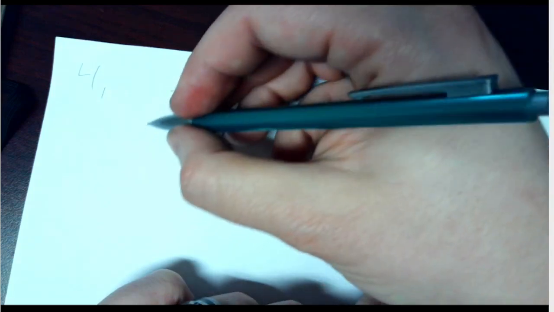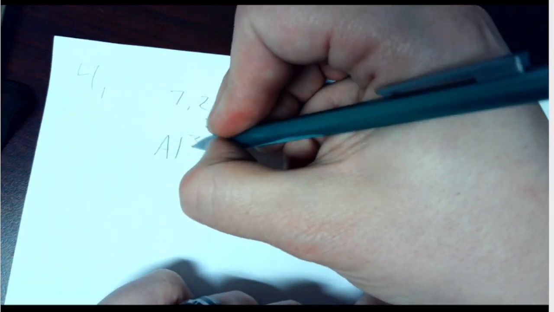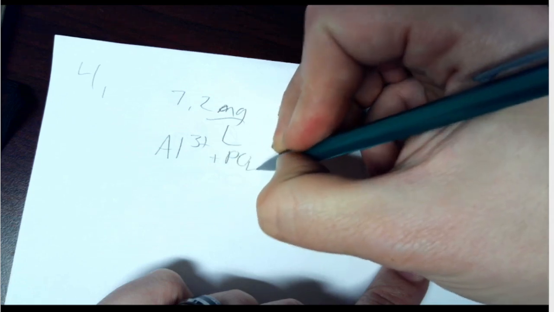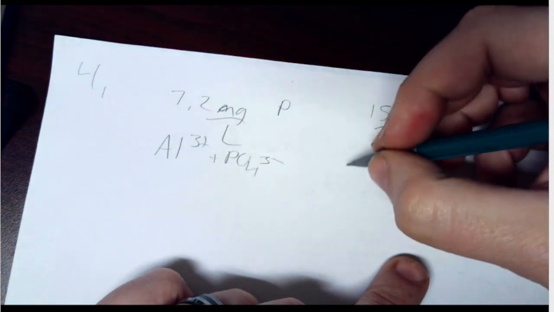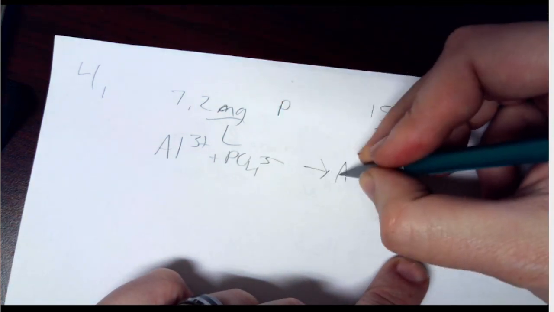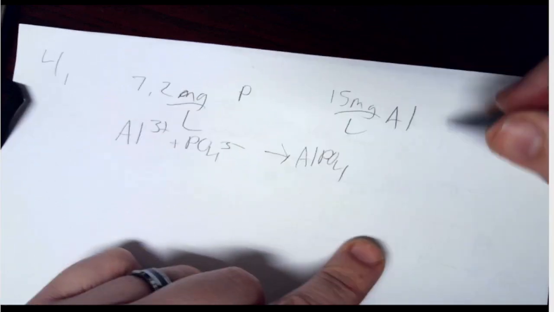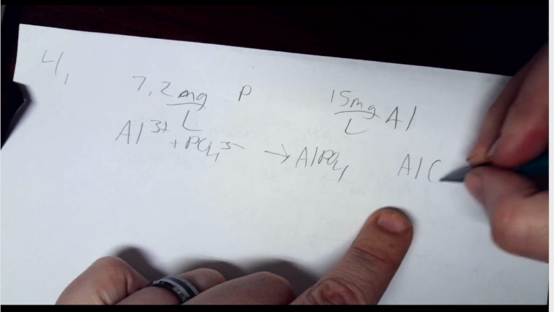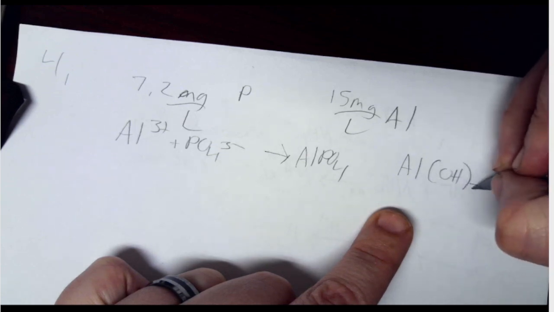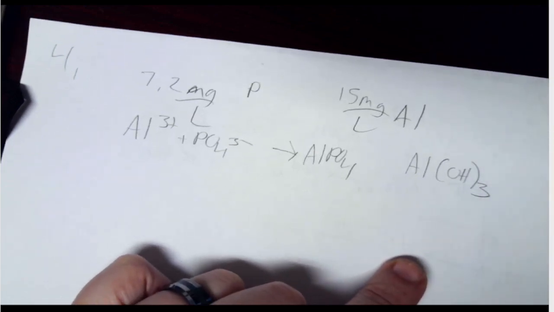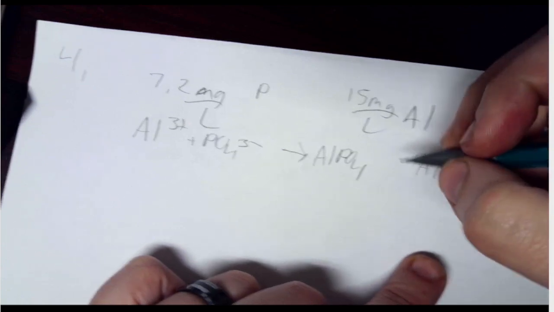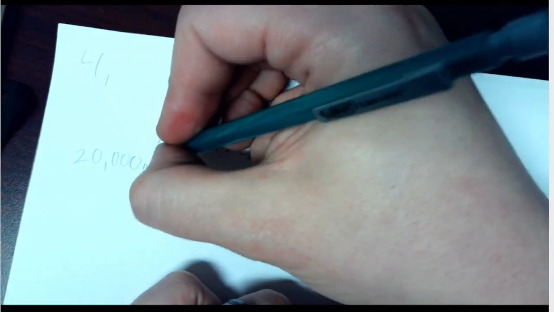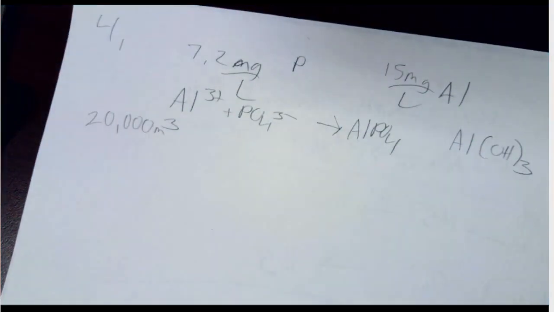Assume the phosphorus is precipitated in the following reaction: aluminum 3 plus, phosphate goes to AlPO4, and that any excess aluminum gets converted into aluminum trihydroxide. Indicate the mass of inorganic sludge produced in one day in a plant that treats 20,000 cubic meters of wastewater.